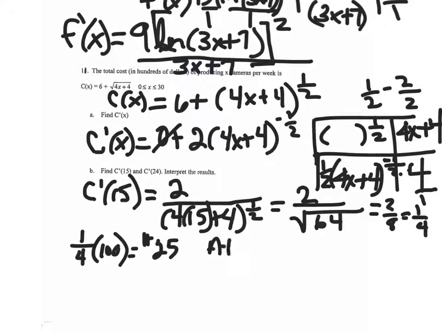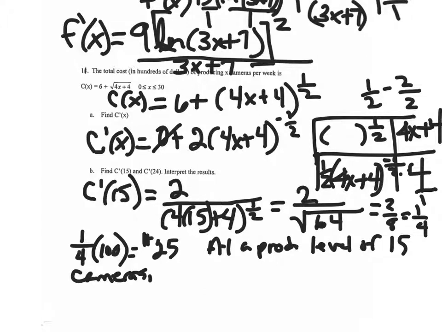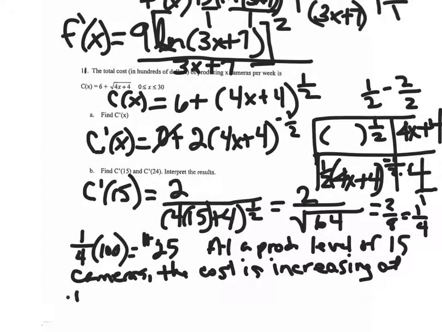Well, at a production level of 15 cameras, the cost is increasing because it's positive, right? That's my rate of change, at the rate of $25 per camera.